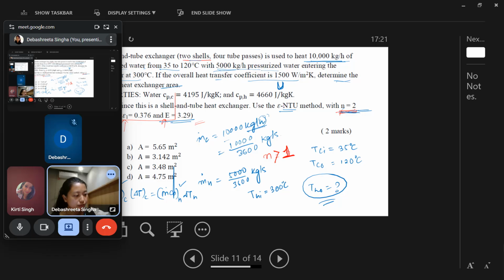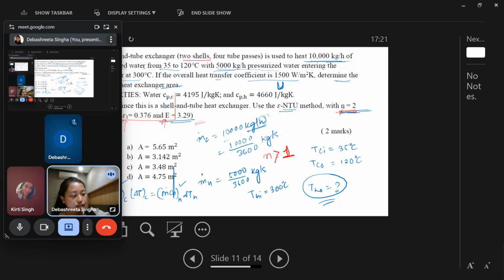And for radiation, there are two methods. Last class I did shell and tube heat exchangers. For that you have to go through LMTD, log mean temperature difference. Another method is the NTU method.